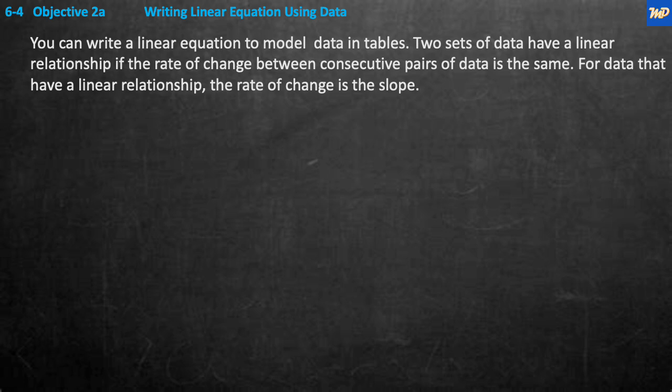Two sets of data have a linear relationship if the rate of change between the consecutive pairs of the data is the same. For data that have a linear relationship, the rate of change is the slope. We kind of know that. Rate of change is slope. We've kind of gone over that. And you'll see that, we're going to have some examples of it.